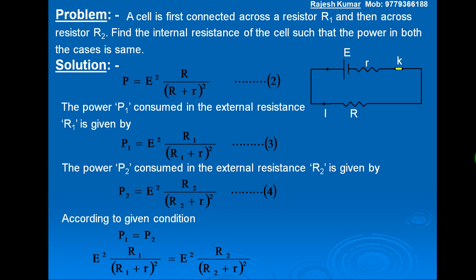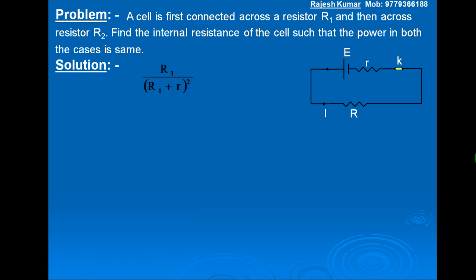On both sides, E square cancels, so we get R1 upon (R1 plus r) whole square is equal to R2 upon (R2 plus r) whole square. Now cross multiplying, we get R1 into (R2 plus r) whole square is equal to R2 into (R1 plus r) whole square.